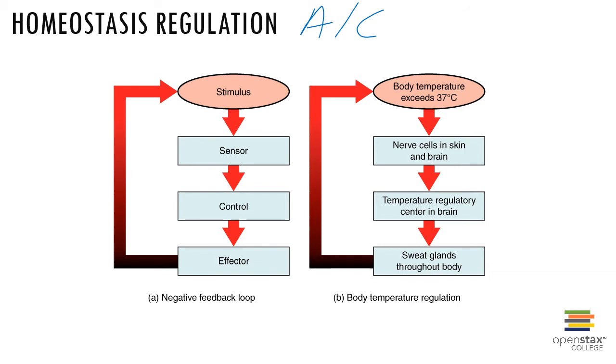They send a signal up to the brain saying, we need to cool down. The brain sends a signal to your skin to produce sweat. Sweat is produced along your skin, it evaporates, and it cools you off. Those same receptors go, okay, we're nice and cool, we don't need to sweat as much anymore, and they send a signal up to the brain saying, you need to turn it off. And we turn off our sweat. And that just keeps going, on and off, on and off. That is a negative feedback loop.